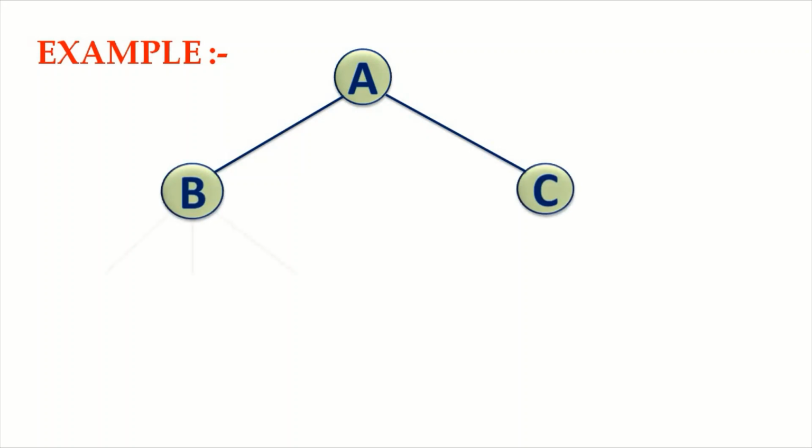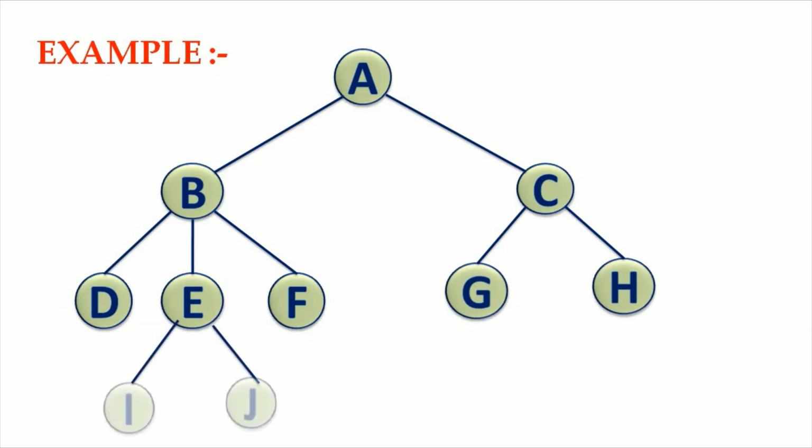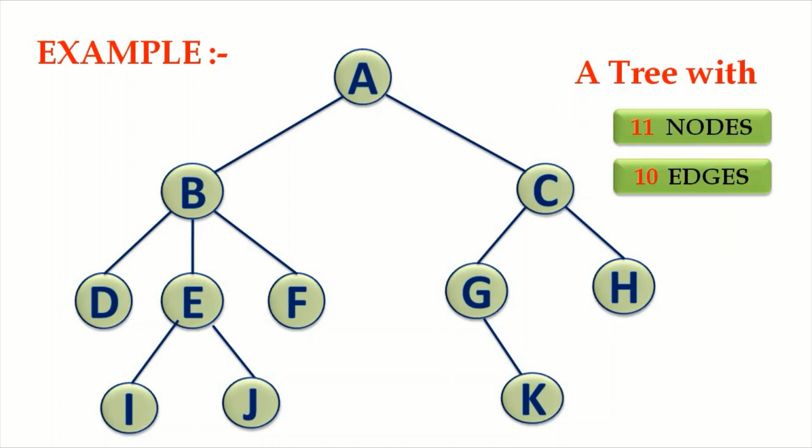Here I am considering a character data A. A is a node further connected with two nodes B and C. B is a node further connected with three nodes D, E, F. Here C is a node connected to G and H. E is a node connected to I and J. G is a node further connected with only one node K, and it forms a tree. And this is a tree with 11 nodes and 10 edges.